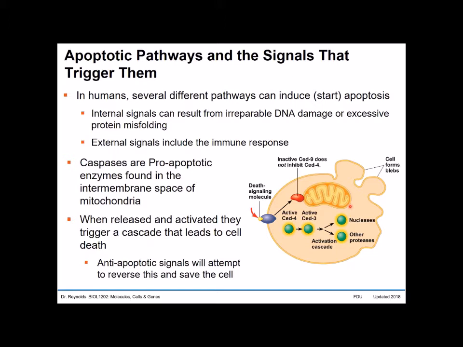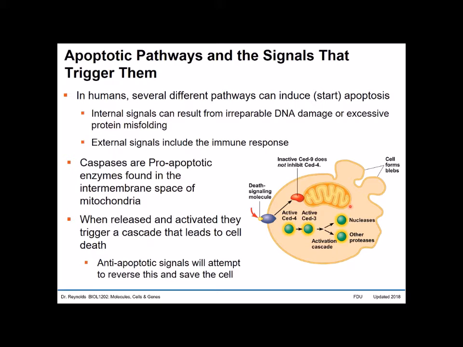That will actually cause a stop in cell control, and it will start to build up these pro-apoptotic signals, and once you have enough of them, they win, and the cell will die. Sometimes you want to commit suicide, right? Because the body tells you to do so. Let's say you're infected with a virus, or you're no longer needed. The body's immune system will come along and say to you, you need to commit suicide.